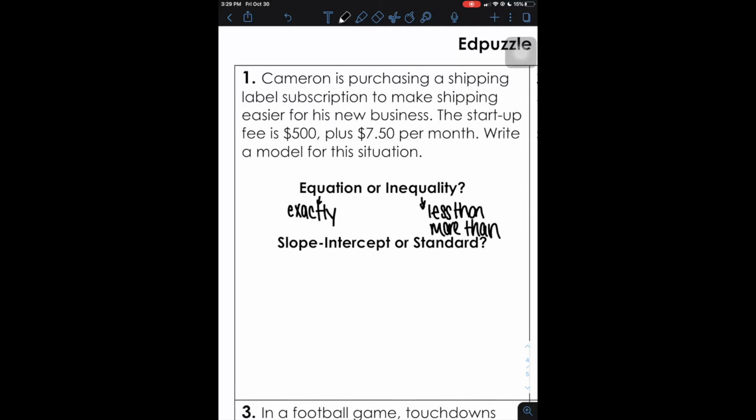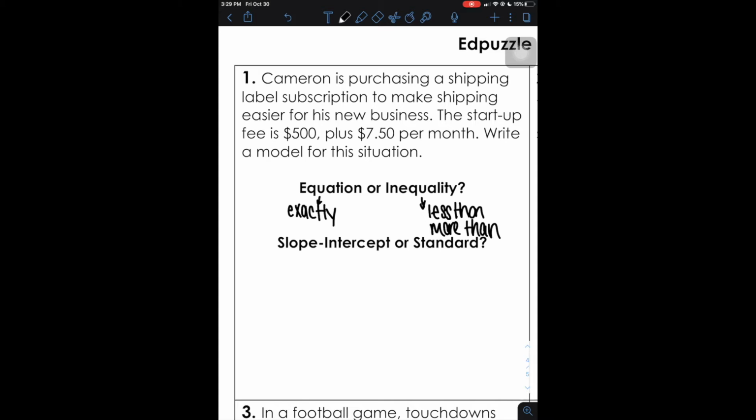Those are really the words that signal us that it's an inequality. But we don't really see those going on here. It's going to be clear to Cameron. He's going to pay X amount of dollars for a Y amount of dollars for X amount of months.